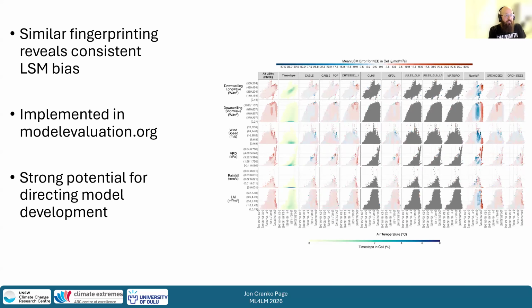And then you have net ecosystem exchange again. I won't get into this too much, but again, you can see that some models have, so this is NOAA MP, which had the very strong temperature bias in its performance, where it performed worse at higher temperatures. And what's interesting here is that the type of underperformance changes as the temperature increases.